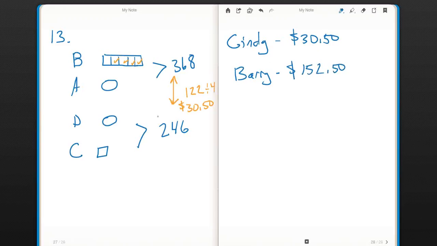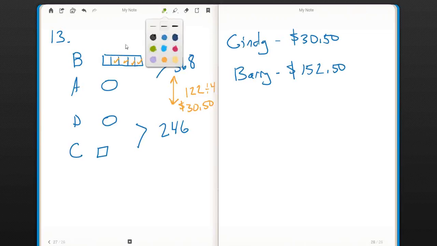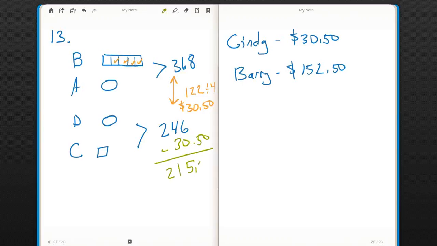Now, Andy and Daisy are going to take a little bit more math still. Not too bad, though. I know that Cindy has $30.50, and so Daisy, if I subtract these, is going to have $215.50, and I'm told that Daisy and Andy have the same amount.